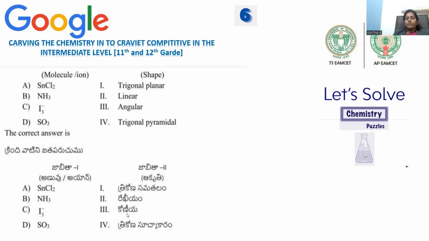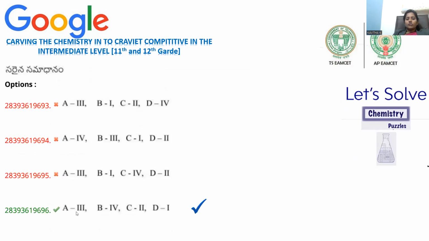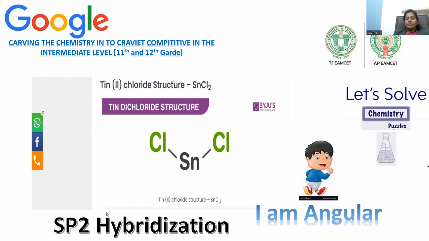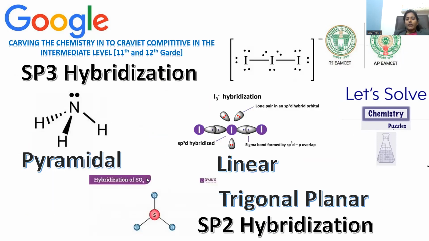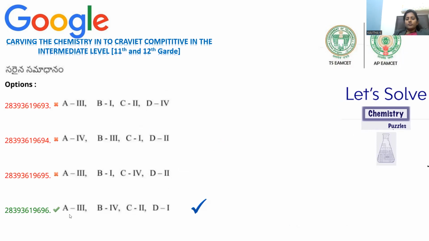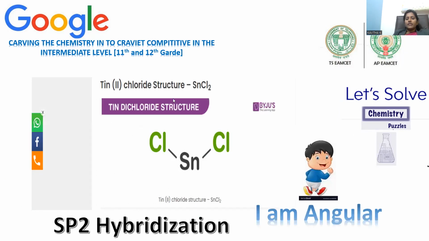So let's see one by one. The expected answer is option number 4, where A can be mapped with 3, B with 4, C with 2, D with 1. So let's see the detailed explanation. Tin chloride, if you observe, is angular in nature.